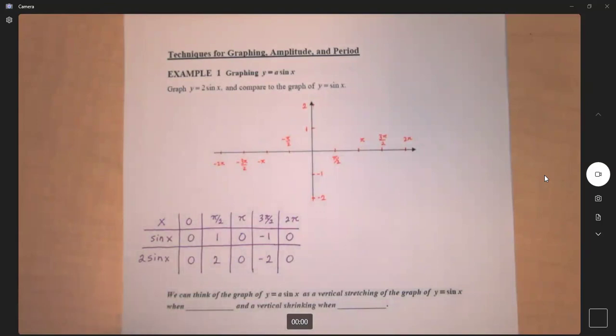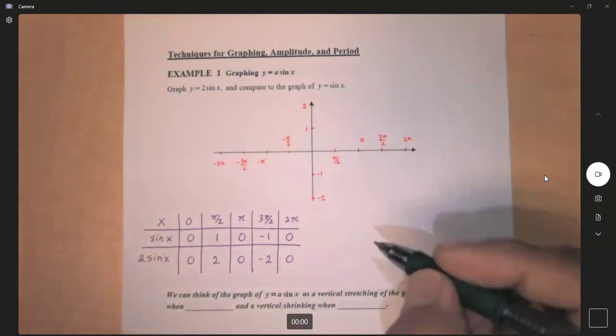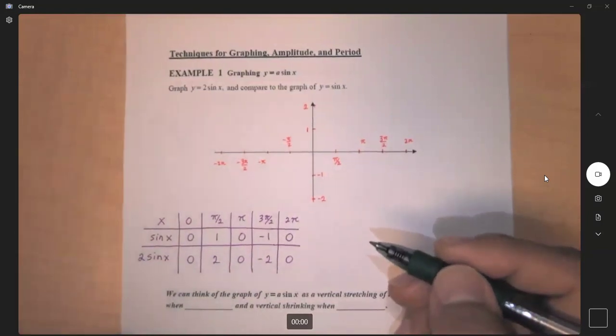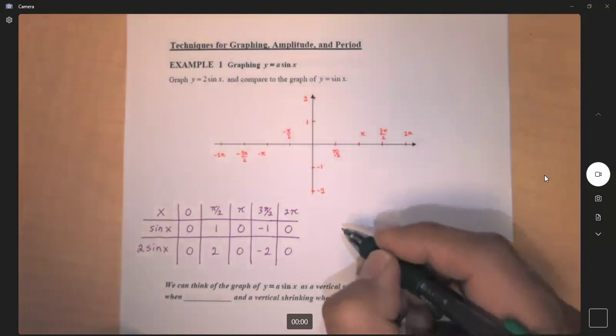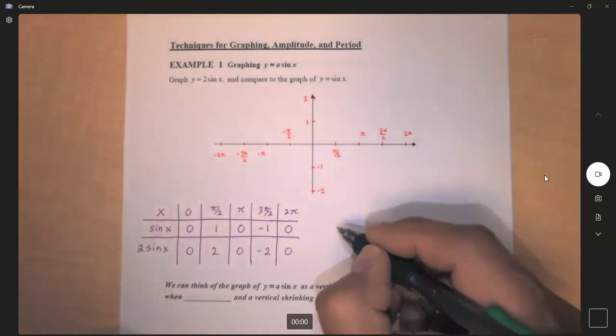So let me write that out one time so that you know what I'm doing, and hopefully you catch on. For the interest of time, I won't be writing them all the time, but these are the points I'm going to plot now, right?